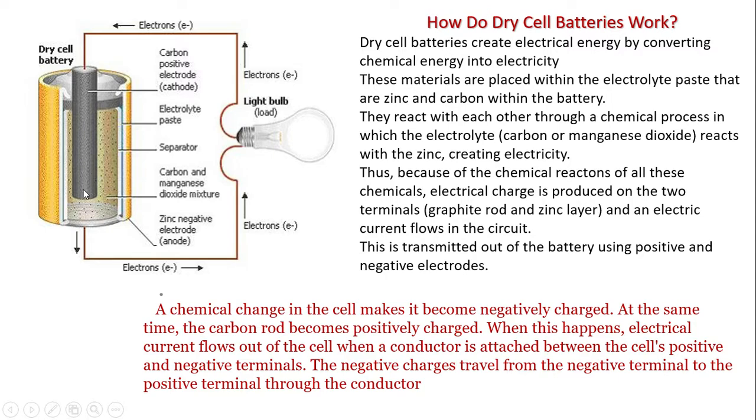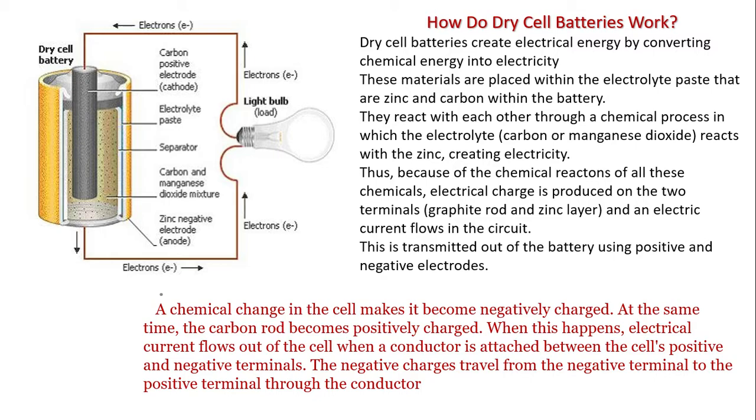At the same time, electrons move from the negative terminal towards the positive terminal of the cell through the circuit, powering whatever the battery is connected to.